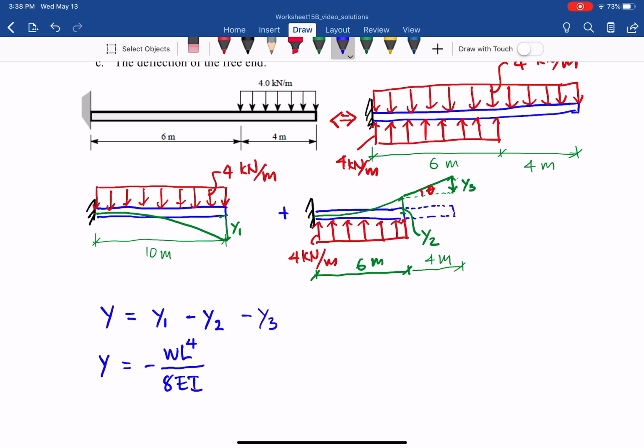And I call it L10, so that we are not confused. And then because it's positive, so we flip it: WL4 for 6 meter, so we put 6 here, so it's not the same EI, and then plus, because the slope is up, deflection up, I put positive.